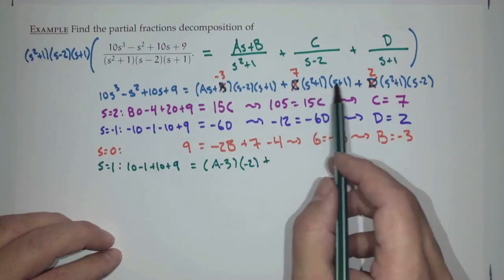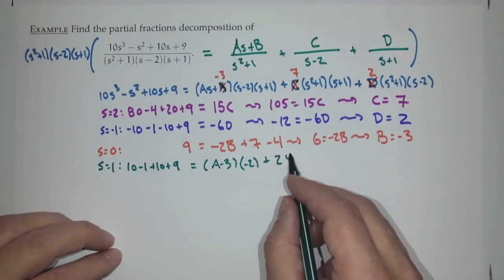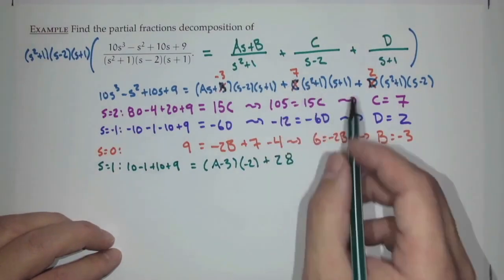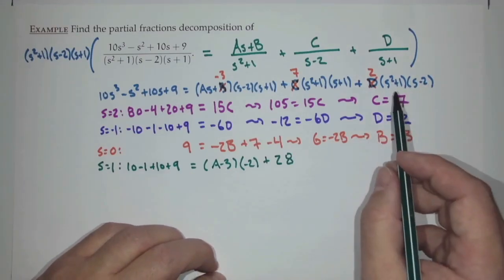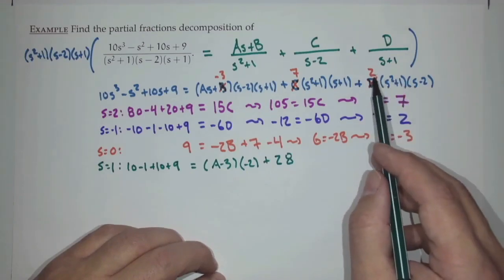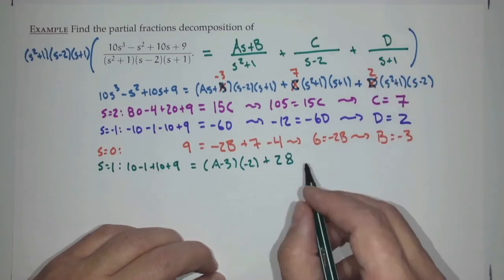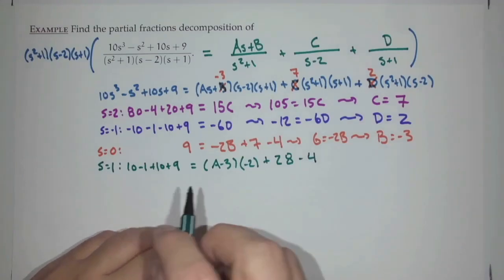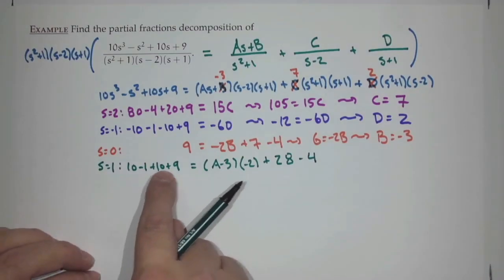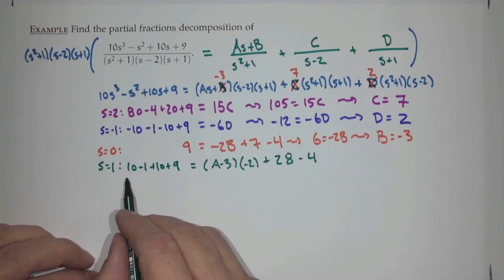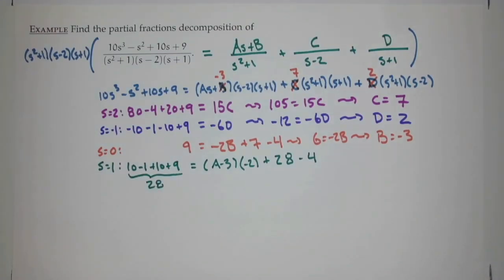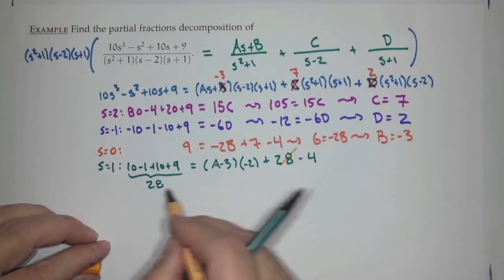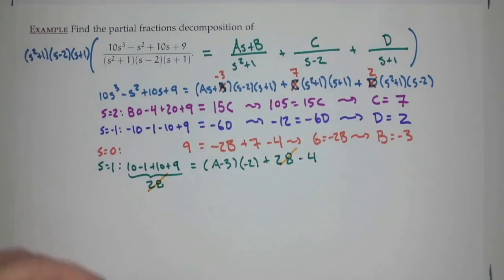So 7 times 2 times 2, 28, right? 7 times 4, 28. And the last piece will be what? So 2 times minus 1, minus 4. Now, 10 plus 9 is 29. Subtract 1 means that this is equal to 28. Well, that's very convenient, because we also have another 28. Pew! Those go away.